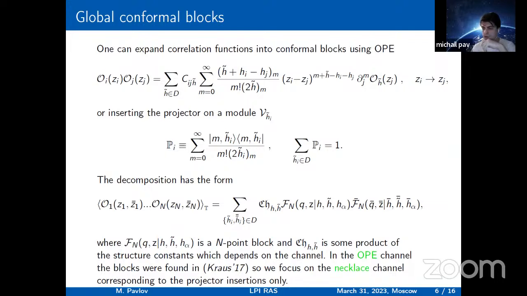On both sides of this equation you have some channel, and these channels should coincide.